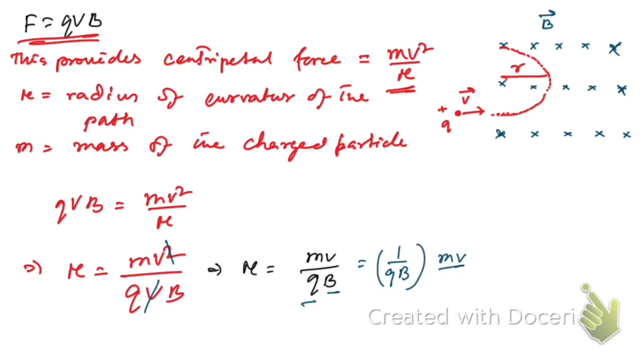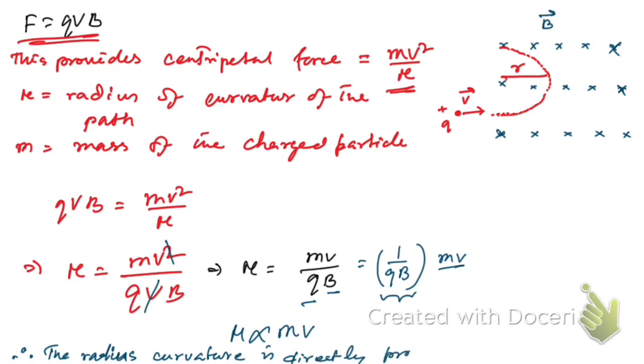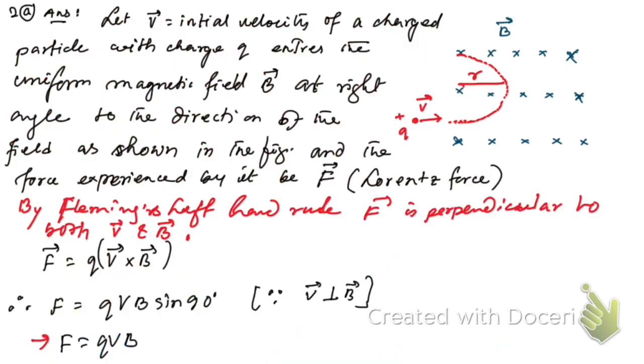So if this part is constant, r is proportional to mv, so that means the radius of curvature is directly proportional to momentum, right? So hope you have understood this. This is the question number 2. Now let me go to the remaining part of this question.